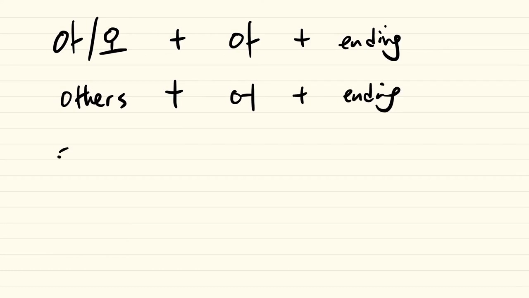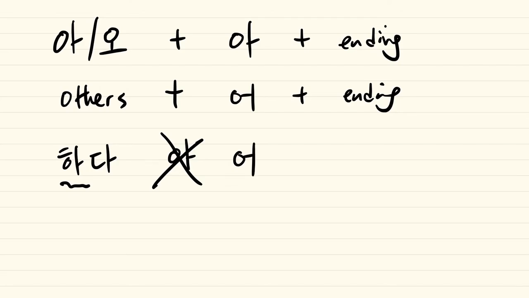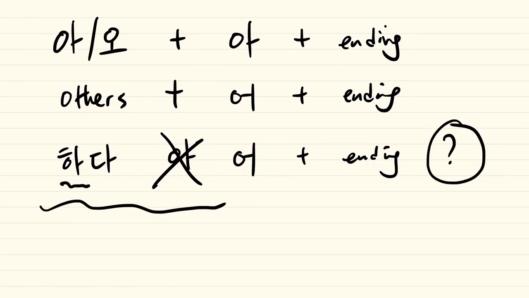And then what's interesting with the hada verb, which is the verb to do and to be, you would think it would take the a because it has a in it, but it's not a. It takes a different vowel, and then of course the ending. So there's a question: why is there this exception with hada?